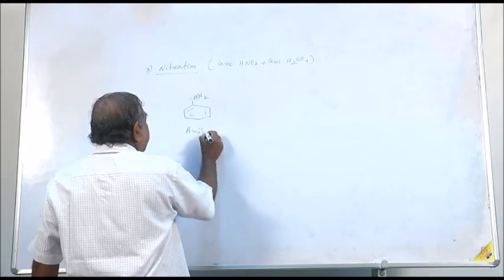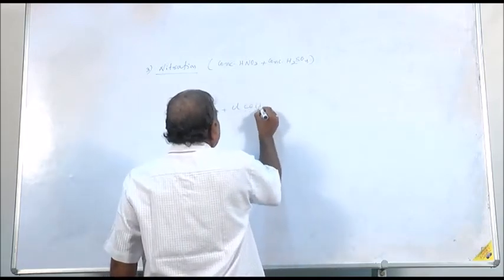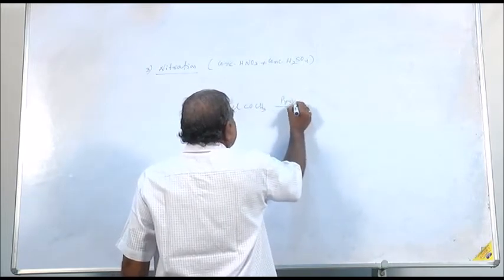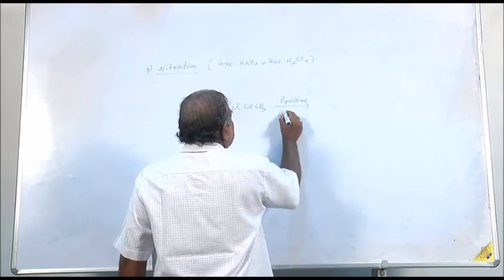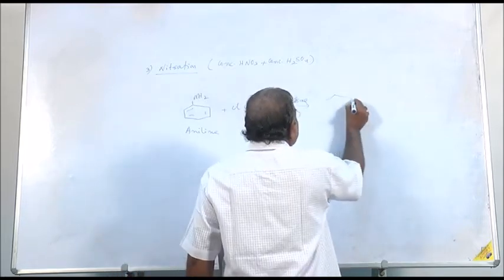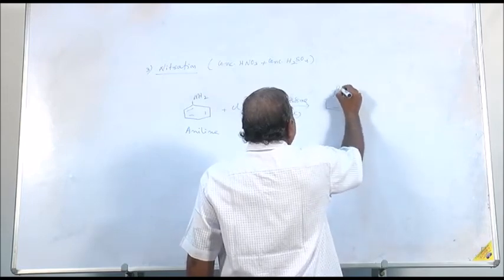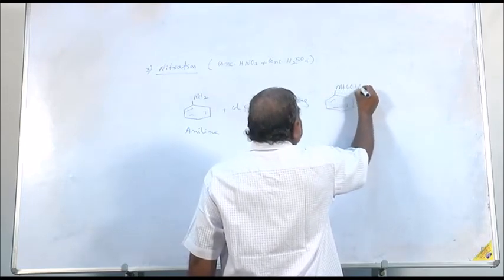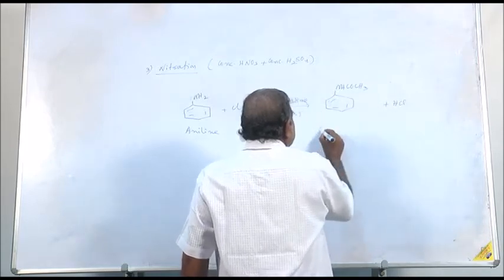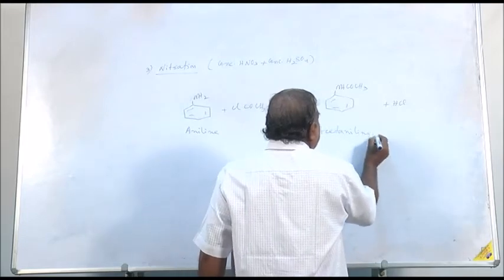So, aniline we treat with acetyl chloride, in the presence of a base like pyridine, which neutralizes the hydrochloric acid so produced. You will get NHCOCH3 plus HCl. So we get acetanilide.